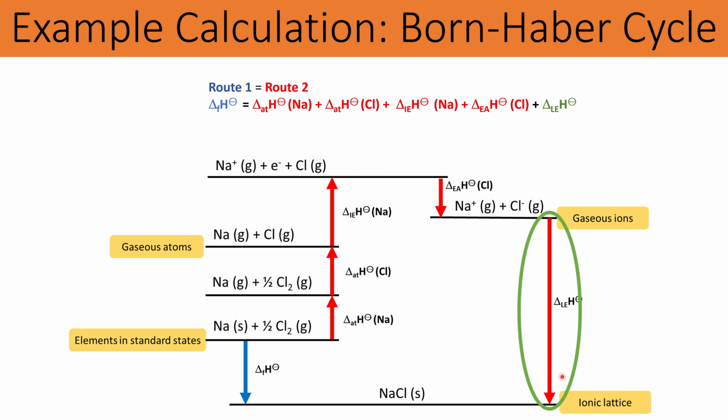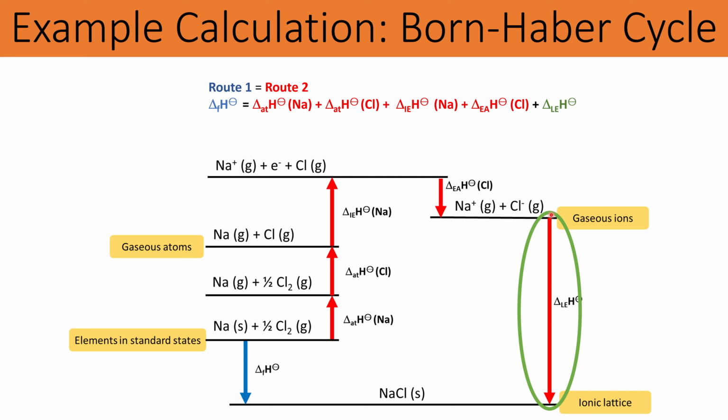So what we can actually say, therefore, is that if we wanted to work out our lattice enthalpy, the enthalpy change of formation is equal to the atomisation plus the atomisation of chlorine as well, plus the first ionisation energy of sodium, plus the first electron affinity of chlorine, plus the lattice enthalpy. That's fine. We're basically just saying route 1 equals route 2 there.